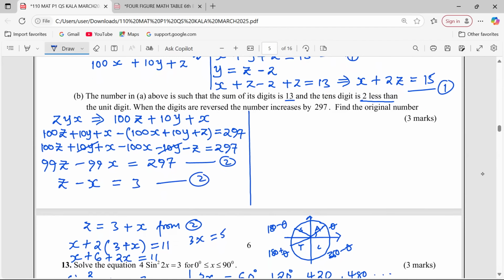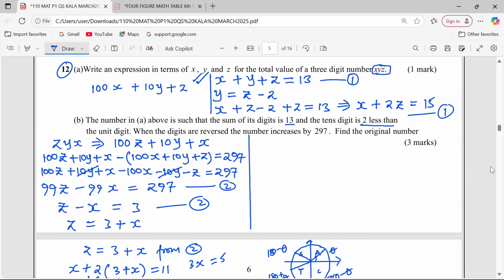So we can solve 2 and 1 simultaneously. From equation 2, the value of z equals 3 plus x. Then we can rewrite equation 1: x plus 2 times z, which is 3 plus x, equals 15. So x plus 6 plus 2x equals 15.